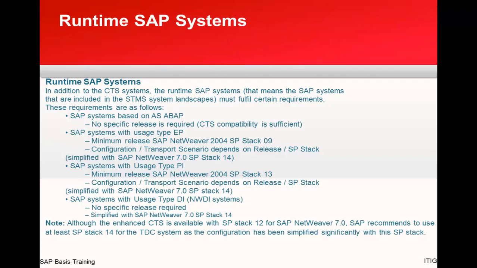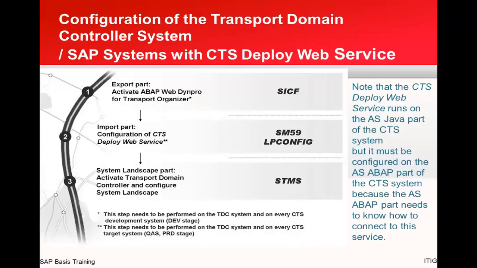These are: an SAP system based on AS ABAP, an SAP system with usage type EP, an SAP system with usage type PI, and an SAP system with usage type DI, that is NWDI. Although enhanced CTS is available from service pack 12 onwards, 14 is recommended for the TDC system, as the configuration has been simplified significantly with this SP stack.